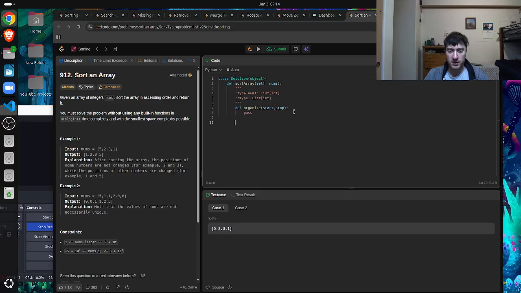And then I need the actual recursive function, so we'll call this one solve. I don't know what parameters it's going to take in yet, but we're going to have a base case. The base case is going to be if we only have an element of 1, right?